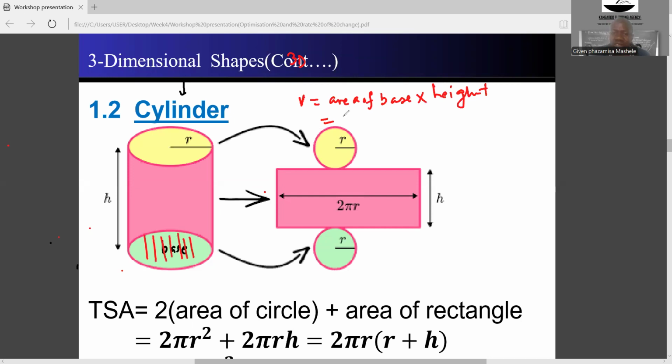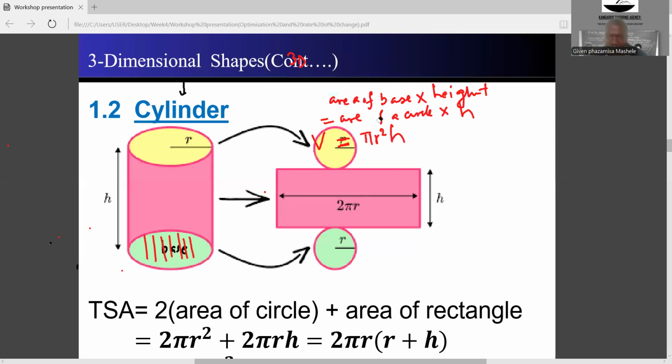So we take the area of a circle and multiply that by the height. And what is the area of a circle? The area of the circle is pi r squared, multiplied by the h. So this is the formula for determining the volume of a cylinder: pi r squared h.